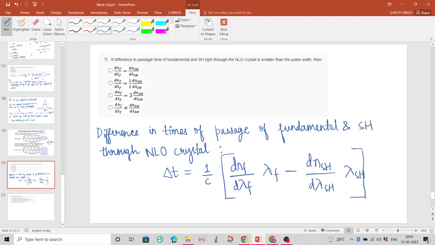So the notations are self-explanatory: n is the refractive index, f stands for fundamental, and sh stands for second harmonic.